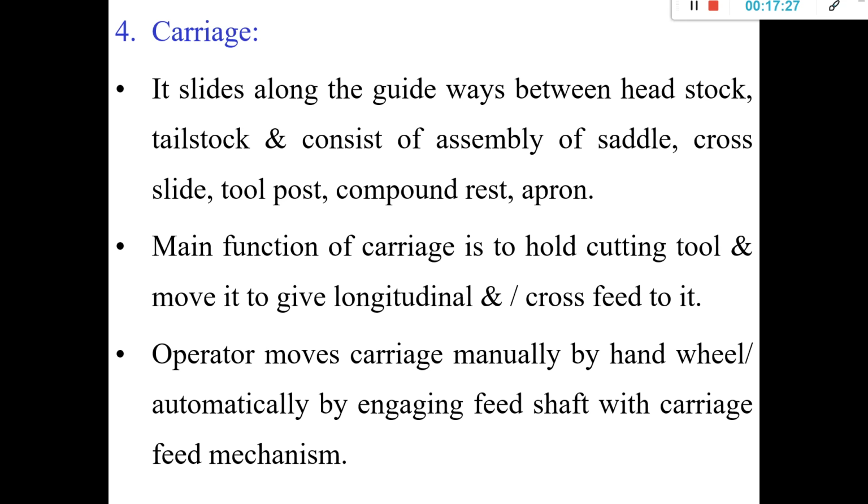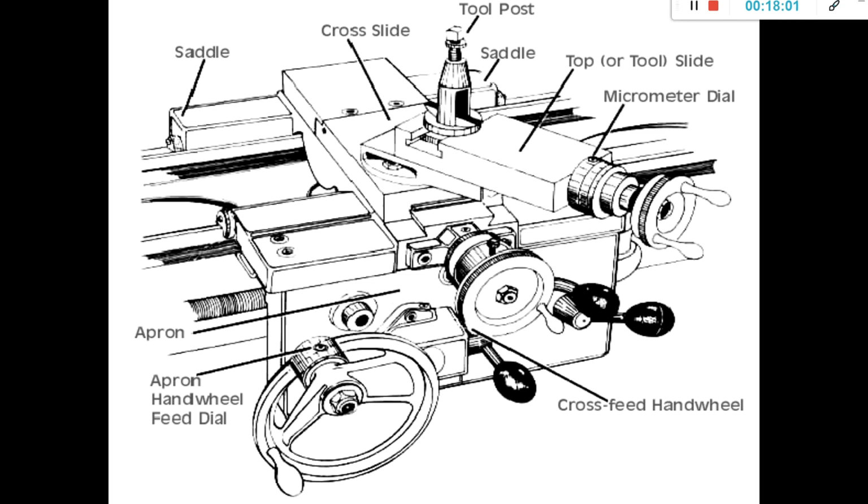The main function of the carriage is to hold the cutting tool and move it to give longitudinal or cross feed to it. The operator moves the carriage manually by hand wheel or automatically by engaging the feed shaft with the carriage feed mechanism. So this is the pictorial view of the carriage only.